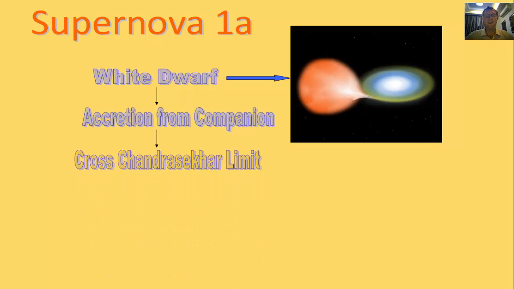Because it increases in mass, it will cross what I've mentioned before, the Chandrasekhar limit, which is 1.4 times the mass of our Sun. When it gets past that point, it can ignite carbon. There's been carbon there, and we thought that was the end of the situation, but in this case, because there's extra mass, it ignites carbon fusion.